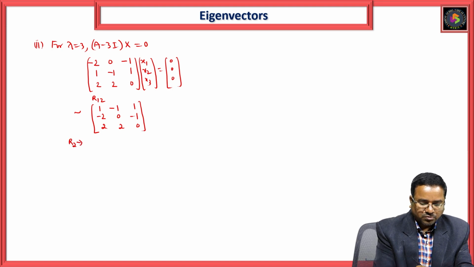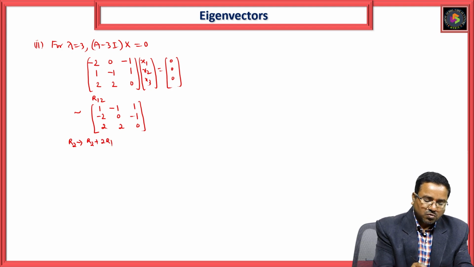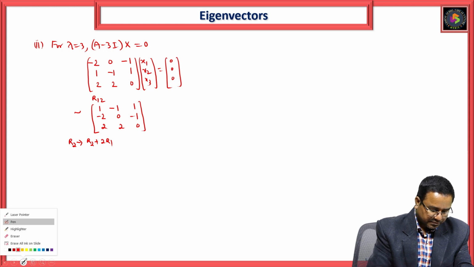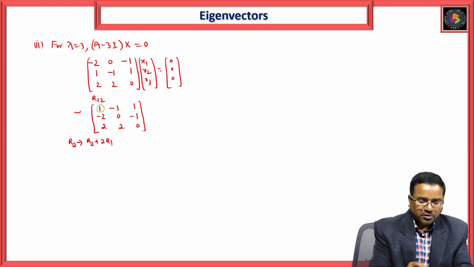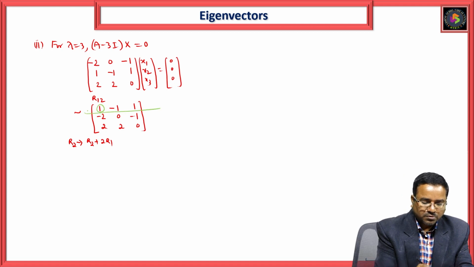Now I am changing R2 to R2 plus 2R1, which will become 0. Now what is the key element here? This is the key element, and this is the key row. Using this, make the entries below it 0.